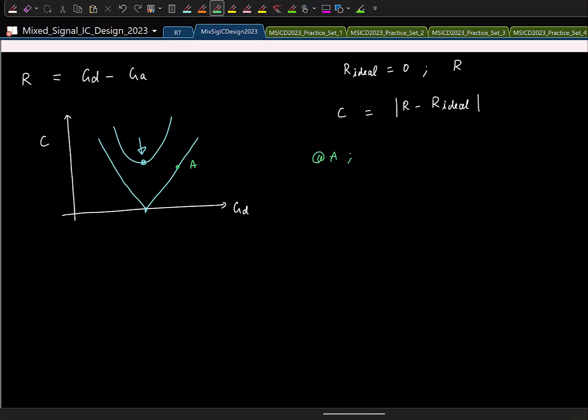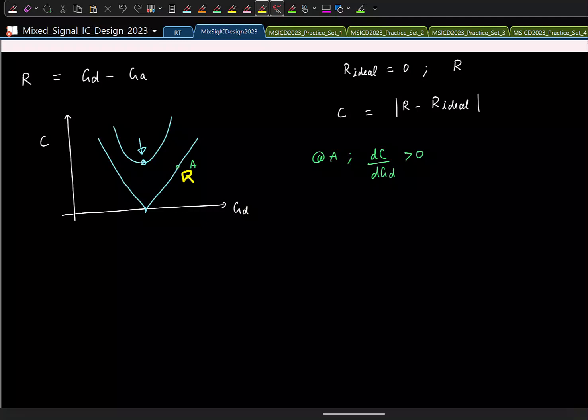At this point A, what can you say about the slope? It's finite, but is it greater than 0 or less than 0? Greater than 0. And if your initial estimate of GD is here, to reach the optimal value, what should you do?